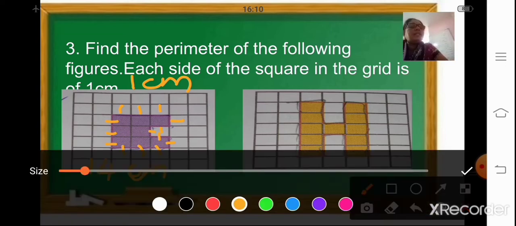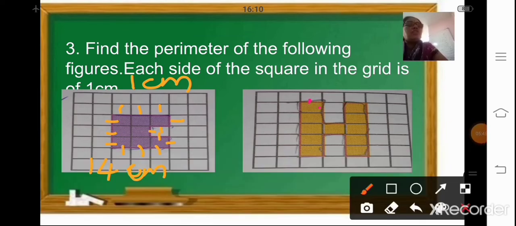Now we'll start from here, that is here it is 1, 2, 3, okay, then 4, 5, 6, 7, 8, 9, 10, 11, 12, 13, 14, 15, 16, 17, 18, 19, 20, 21, 22, 23, 24. Yes. So the perimeter of this figure is, you can say, 24 units or 24 centimeter.